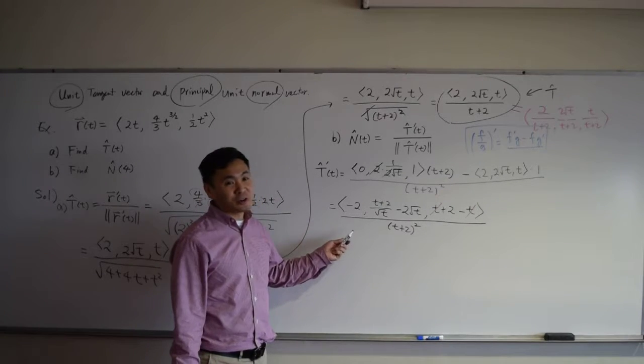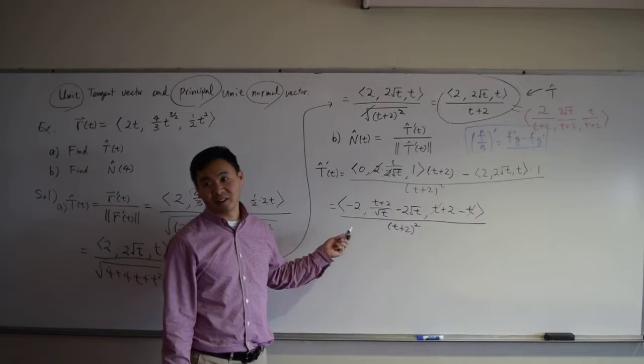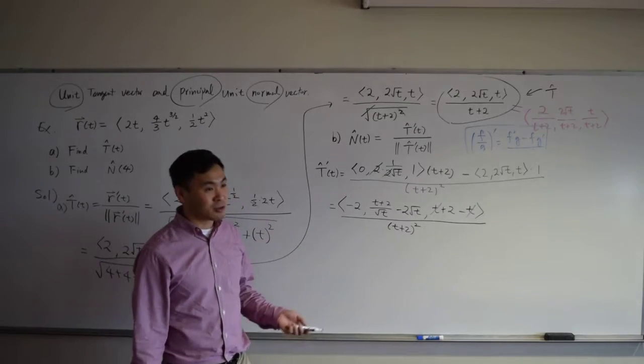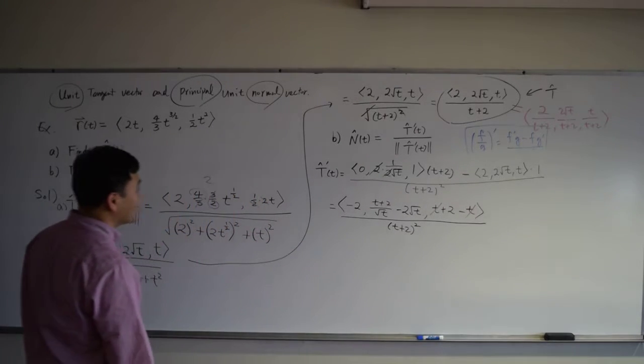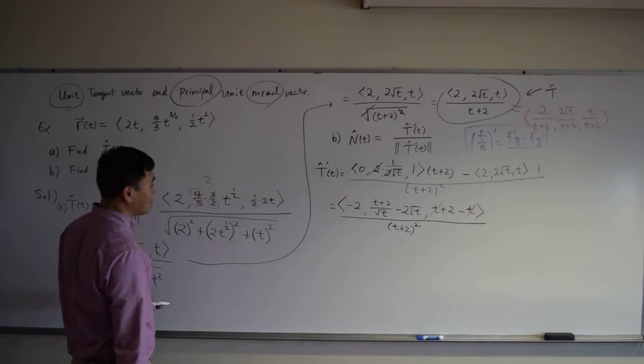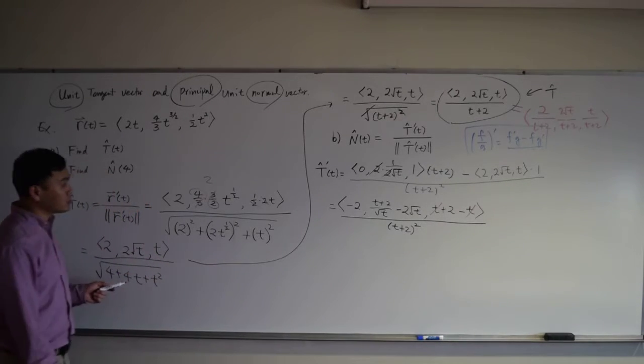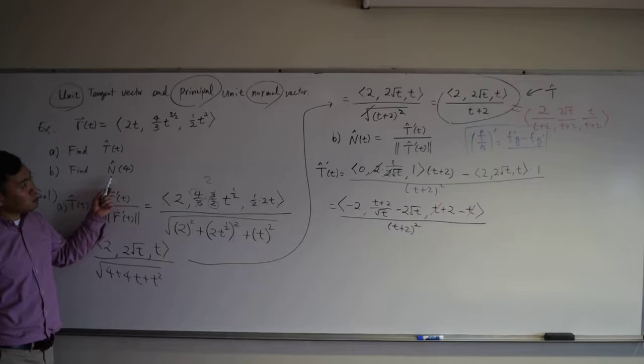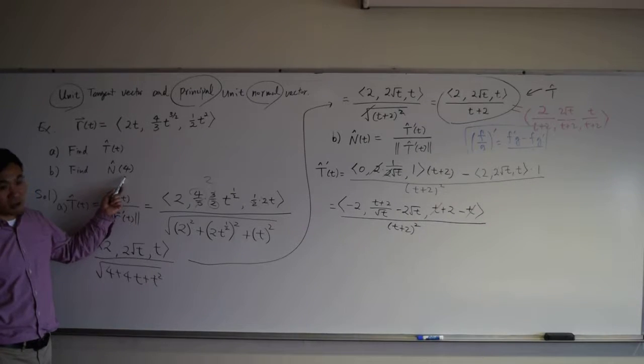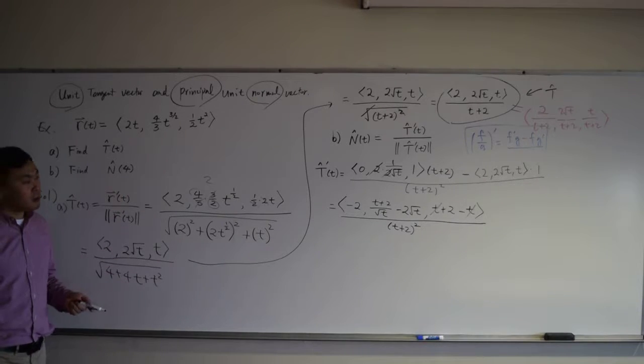But this is not all. You still have to normalize, right? And that's still a lot of work. So let me try to help you out a little bit. First, notice that we're not really trying to get N of t in general. We're trying to get N of 4, right?